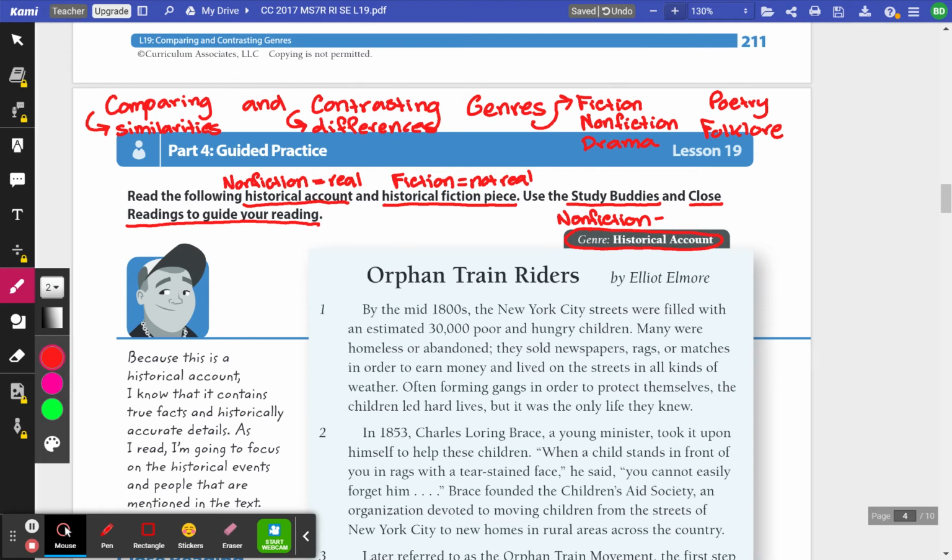So, we can consider this an informational text. And we know the purpose of an informational text is to inform the reader. You read it to learn something or to gain information about a topic. We also know historical accounts are going to have certain historical details or facts, right?